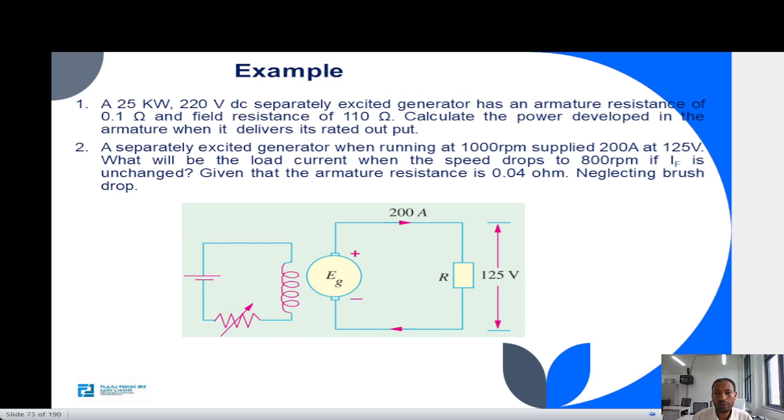In this case, a 25 kilowatt, 220 volt DC separately excited generator has an armature resistance of 0.1 ohm and a field resistance of 110 ohm. Calculate the power developed in the armature when it delivers its rated power, it says. So what is given?